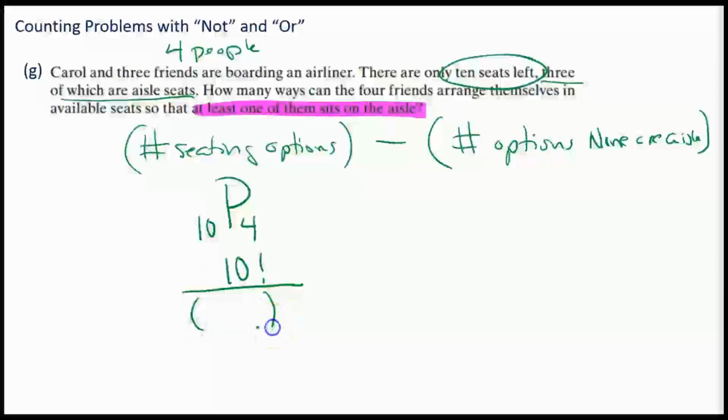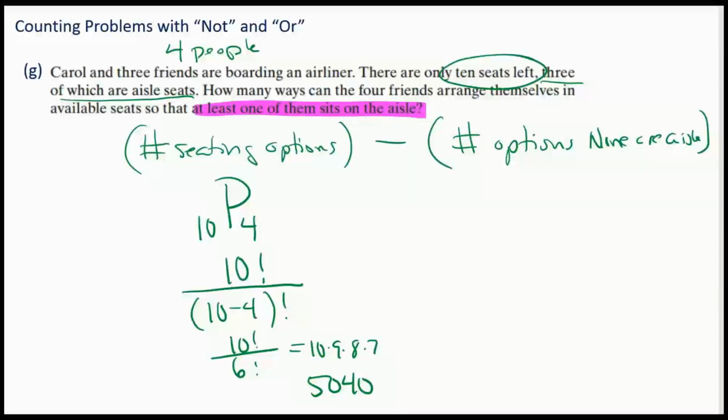You just automatically subtract, 10 minus 4 factorial, which gives you 10 factorial in the numerator divided by 6 factorial in the denominator, which is actually 10 times 9 times 8 times 7, right? Because you write down the top one to match the lower one, you cancel the 6 factorials. Let's go ahead and multiply that out. So 10 times 9 times 8 times 7 gives me 5,040.